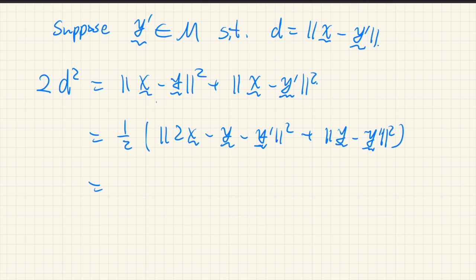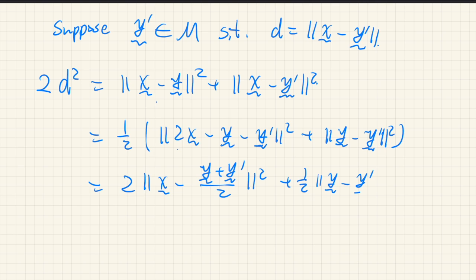Okay, let's rearrange a little bit. Let's factorize 2 out, and we get 4, and we divide by 2. That's 2 times x minus y plus y prime over 2 squared, plus 1 over 2 times y minus y prime squared.